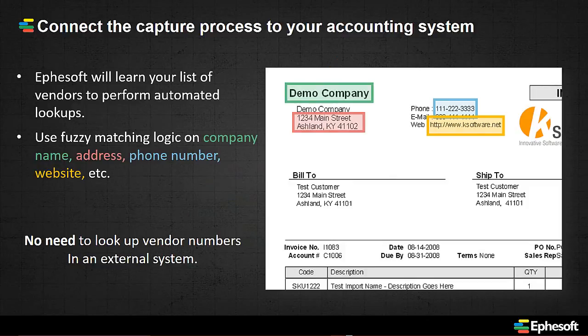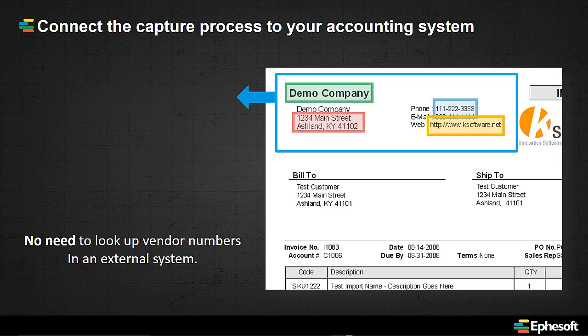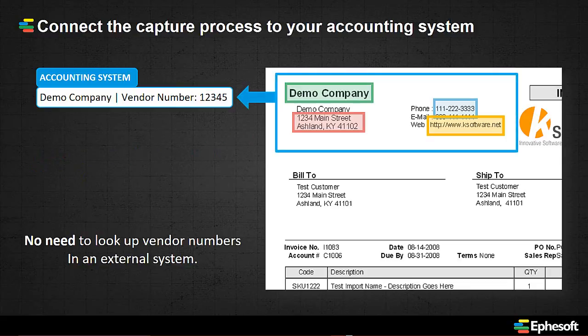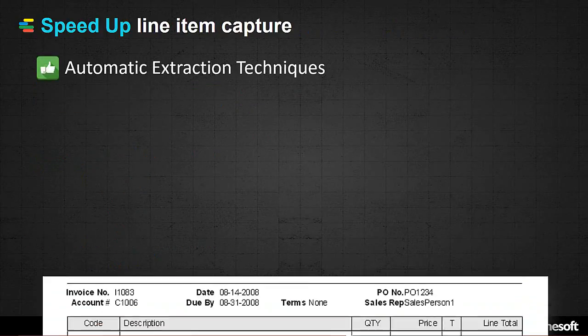If missing data is required, you can even use fuzzy logic to query another database to find required fields. For example, our software could find the company name on an invoice and then query the accounting system for the vendor ID. There's no longer a need to go back and look up additional data after the capture process. It's all automated, accurately, and fast.